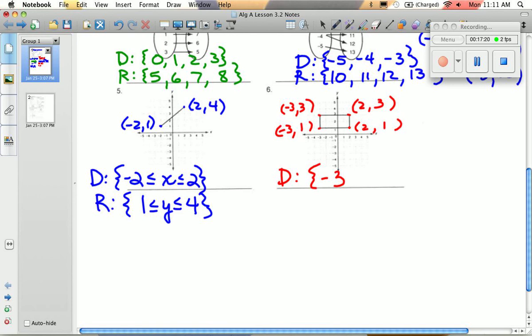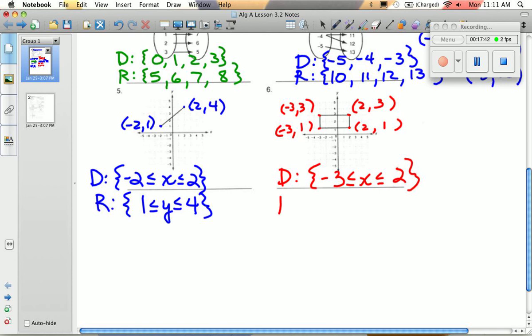What's the x value? The x value is 2, so we're going out to 2. So here's our x is between -3 and 2. It goes no further than -3 on the left. It goes no further than +2 on the right. Back and forth for x values.